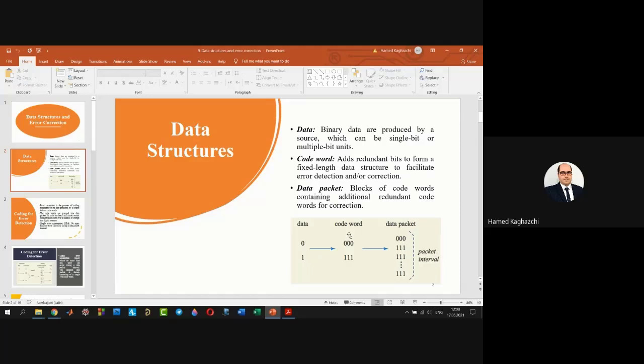Now, the groups of these code words are called data packets. These data packets are the basis of data structure. Actually, there are different forms of data structures that are used for transmission over a channel.